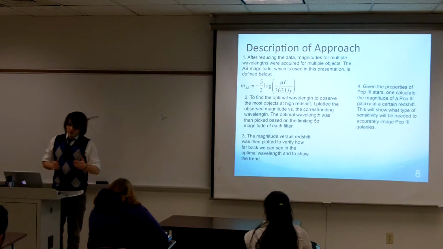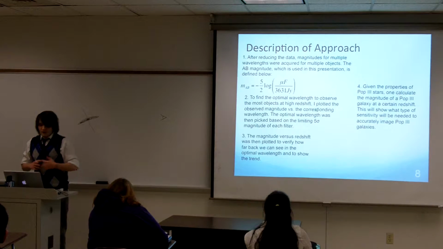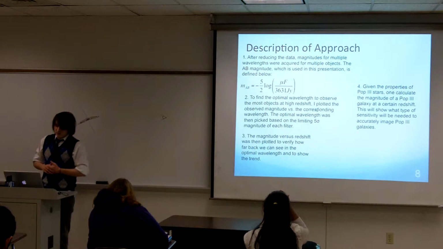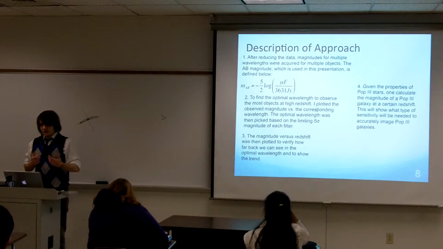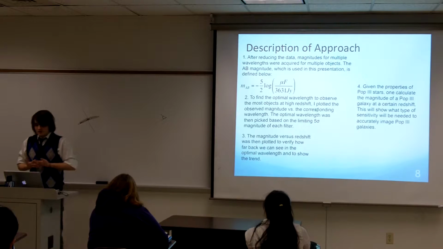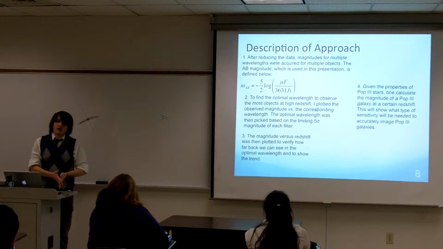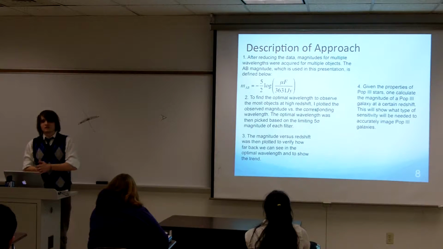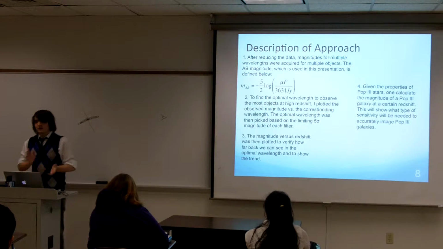And then I wanted to go through a couple of properties of population 3 stars and how one would calculate the magnitude of that galaxy for a certain redshift, and then based on, again, the limiting magnitudes of the telescopes, find how far we can see.